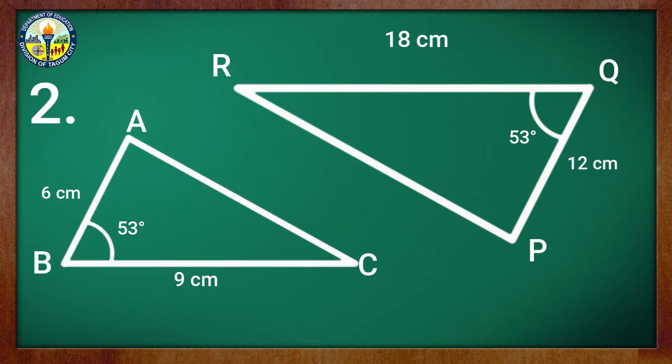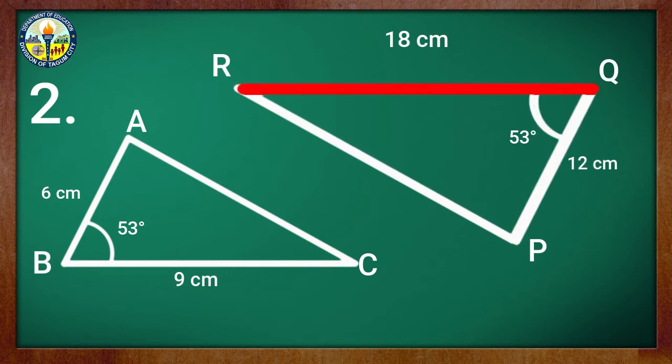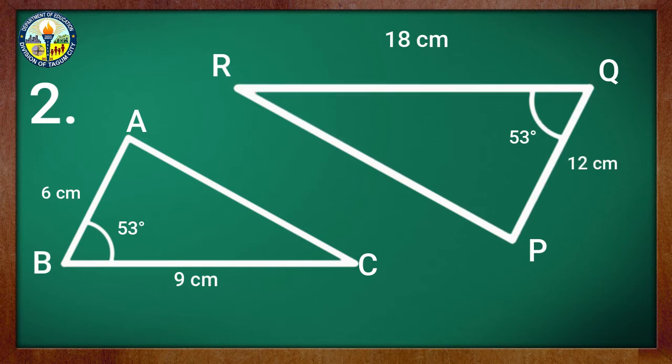We have here also the second triangle, triangle PQR, where angle Q measures 53 degrees. Side PQ measures 12 centimeters and side QR measures 18 centimeters. Are the triangles similar? That's right, they are similar.